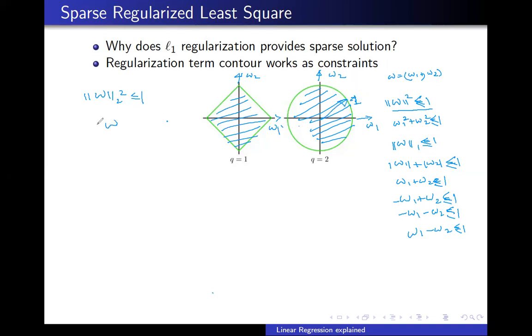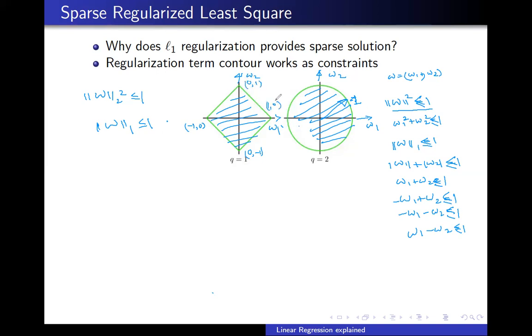And whenever you're saying that your L1 norm is at most 1, then W in this parameter space should be within this rhombus area, where the vertices are nothing but -1, 0; 0, -1; 1, 0; 0, 1, etc.